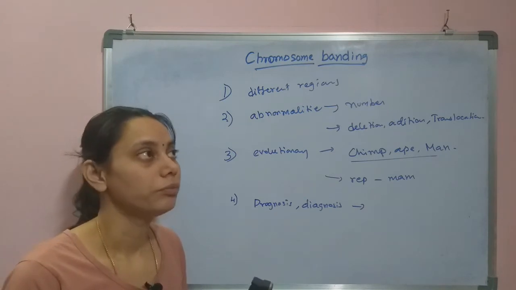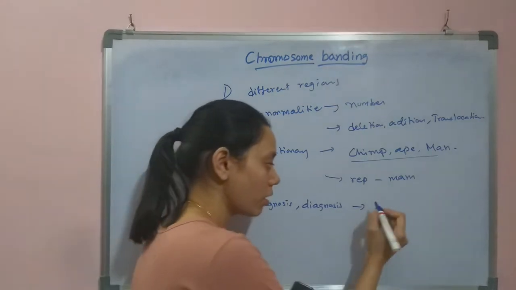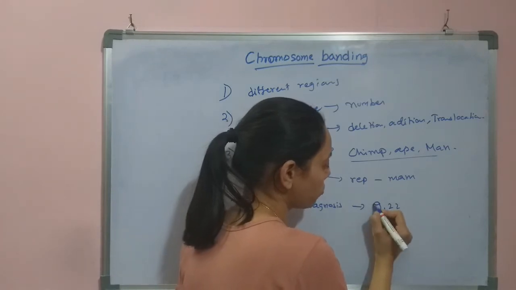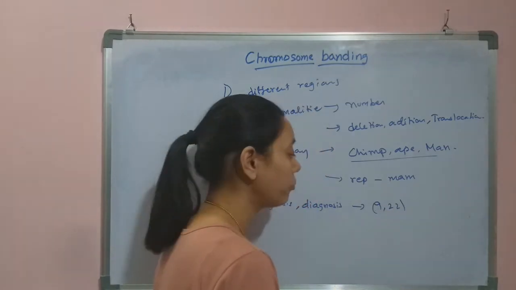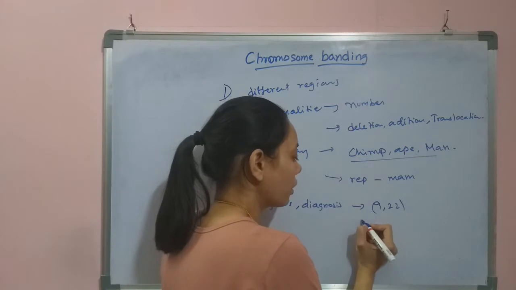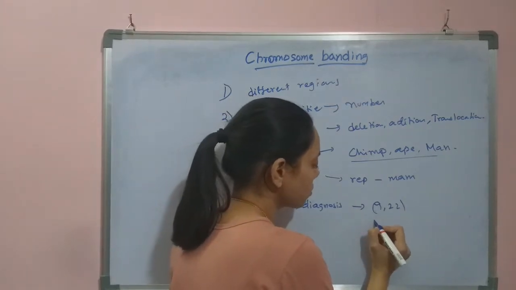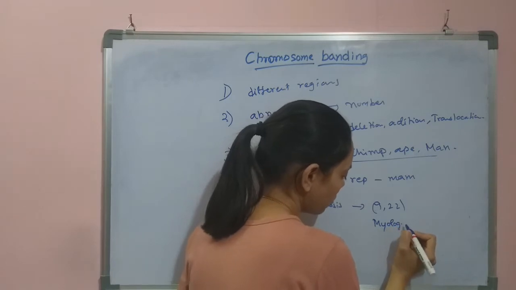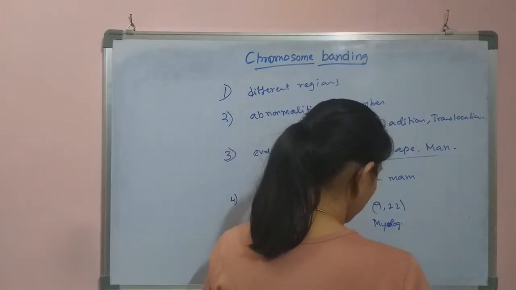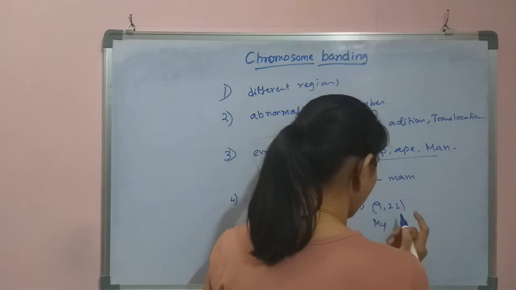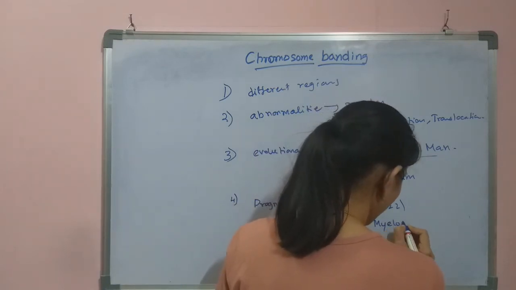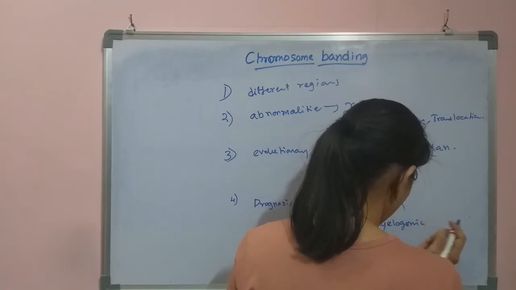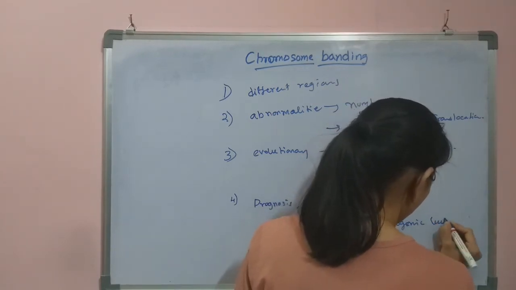For example, the chromosome translocation between chromosomes 9 and 22, which is the Philadelphia chromosome, which causes myelogenous leukemia.